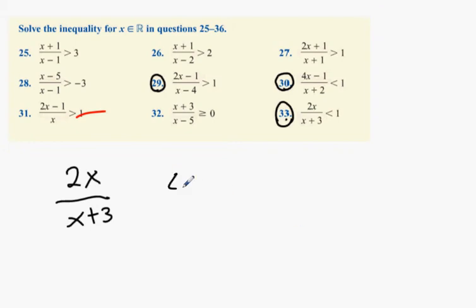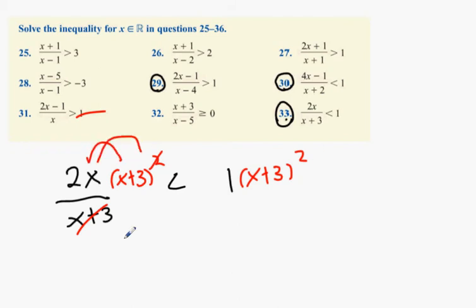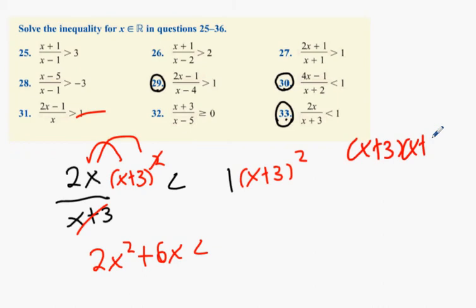Now, what about this one here, guys? What's step number 1? On both sides, yeah. After that? Yeah, after that? 2x squared plus 6x less than, that's x plus 3 by, okay, which is going to give me x squared plus 6x plus 9.